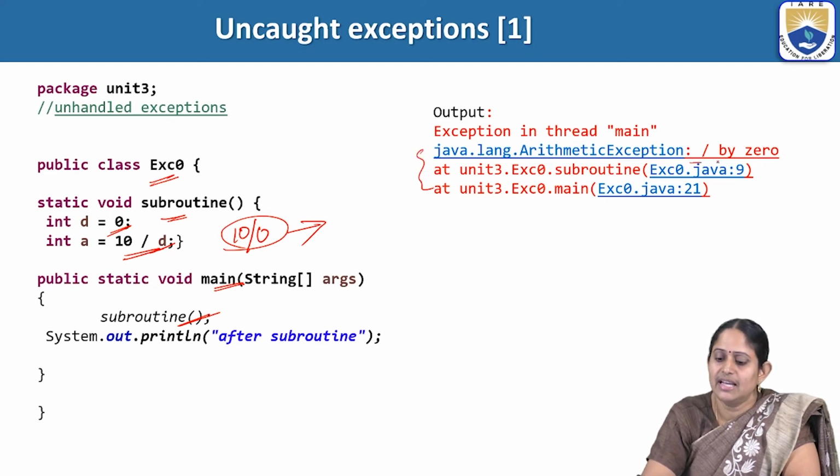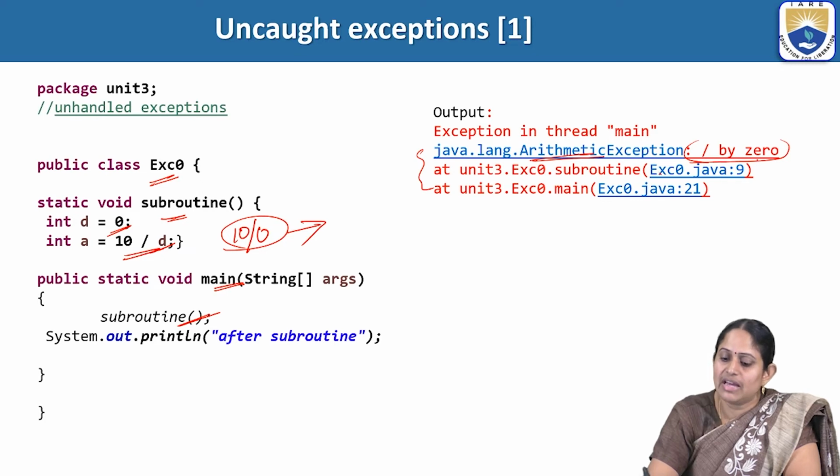It will say that the exception type is ArithmeticException, caused by division by 0, and at which line it has occurred. It has occurred at line number 9 of this class.